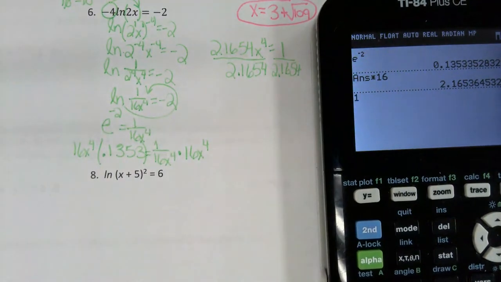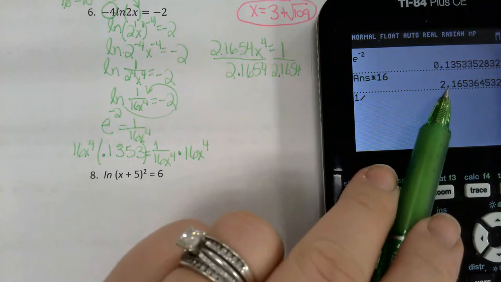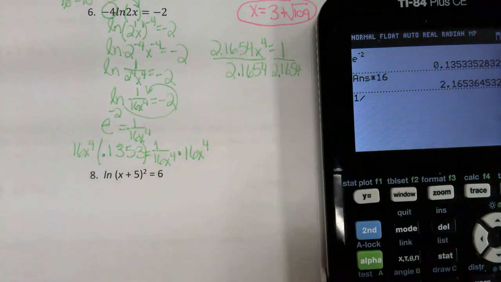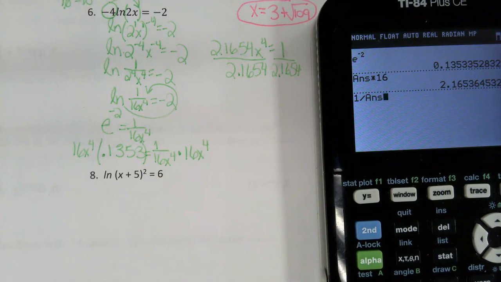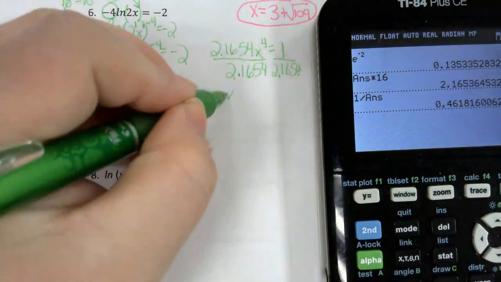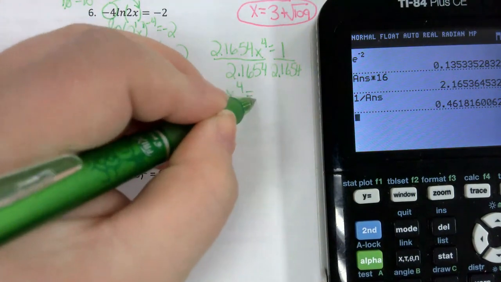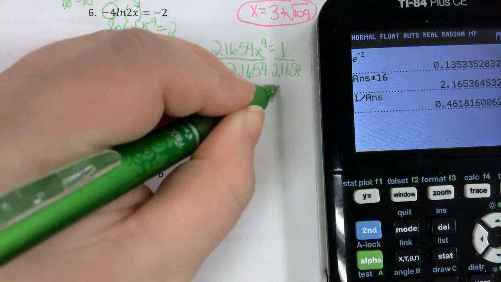So I have 1 divided by, and if I want to get this number up here, I'm going to press the second and the negative button next to the decimal down at the bottom to get A and S and use that previous number in my calculator. So x to the fourth equals 0.4618.